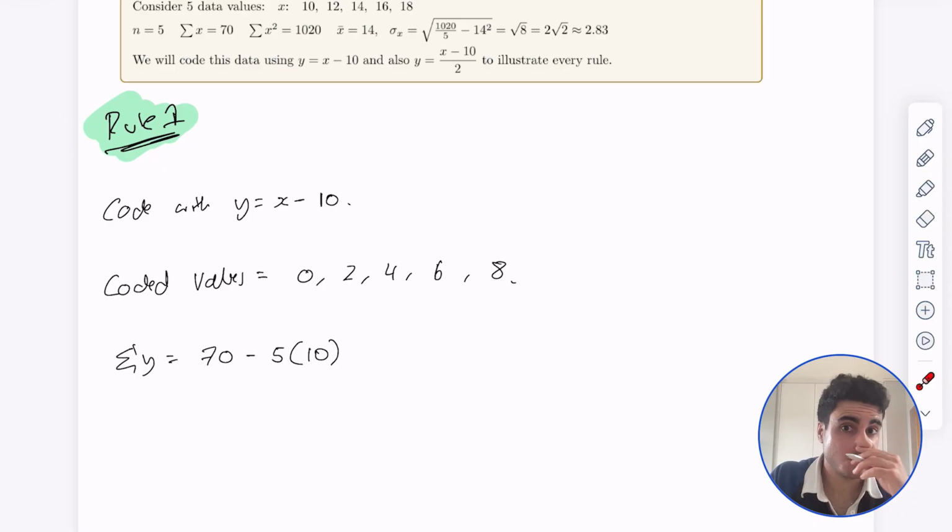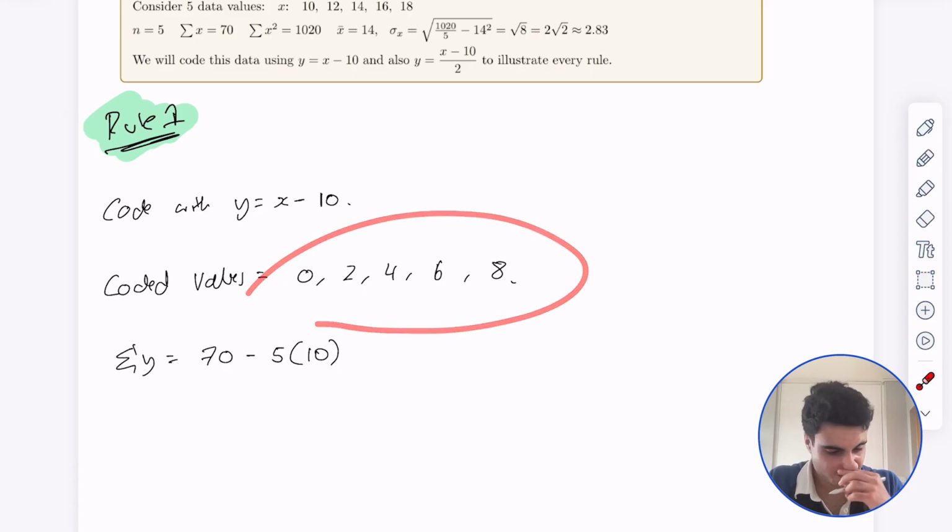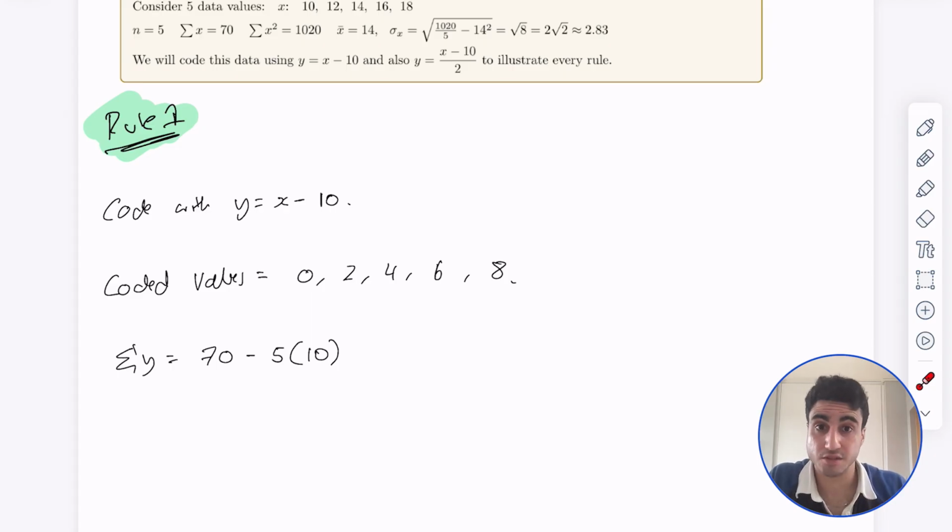So we've made things a lot easier for ourselves. Instead of having to calculate everything on its own, which can be inefficient, we've simply applied the rule: sum of y is equal to sum of x minus na.